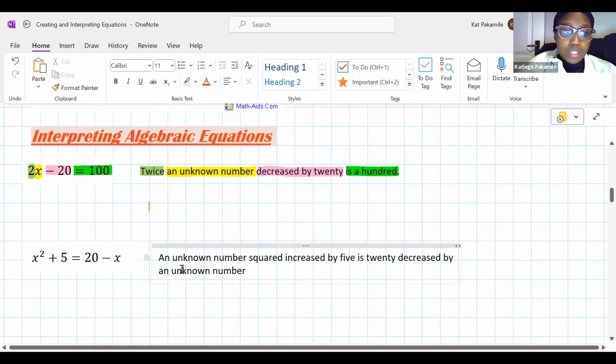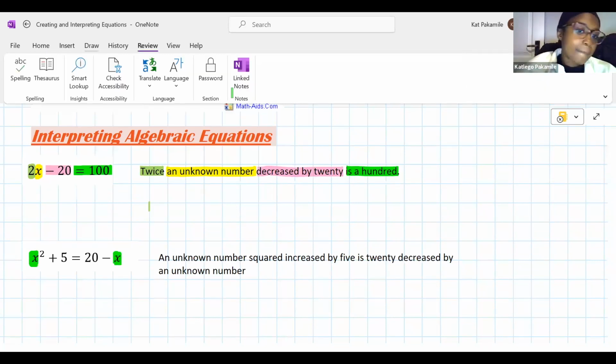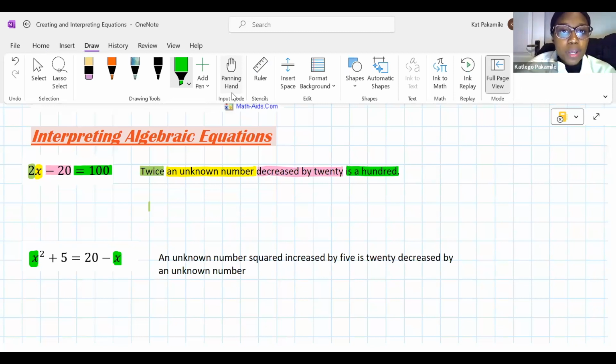Do you see that we're using the same one? So how will you make sure that people know that this unknown number is the same one as this unknown number? Because it's x and x, right?